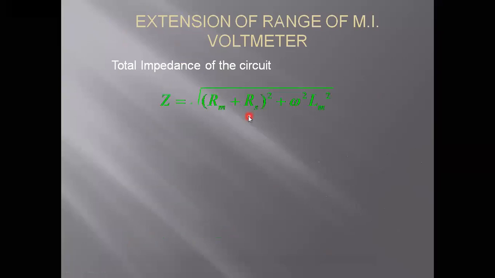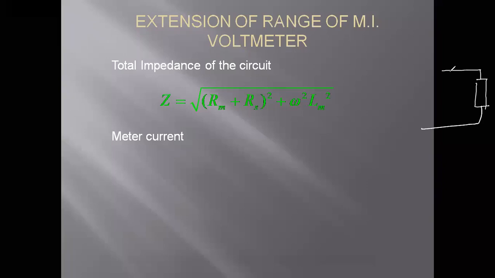Now the total impedance of the circuit would be, instead of Rm, it includes Rs also. So (Rm plus Rs) whole square plus omega square Lm square. Circuit impedance, I will draw the circuit for convenience.